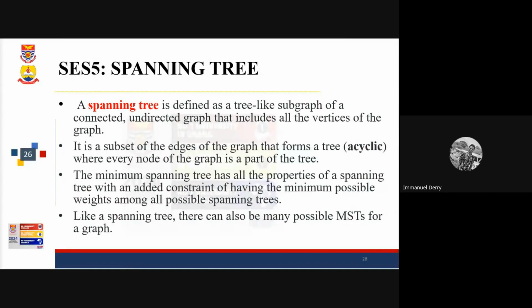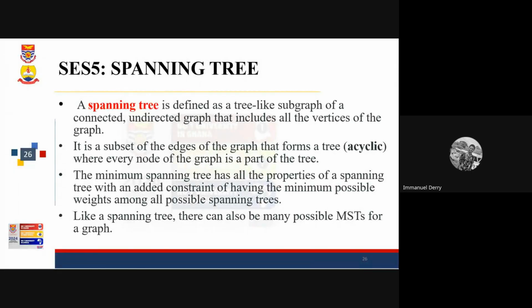It means that a spanning tree cannot be a circle. And every vertex or node of the graph is part of the tree. It forms a tree and not a circle. And every vertex or node is part of the spanning tree.